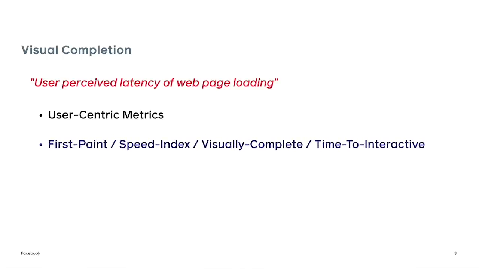With this solution, we can accurately track user-centric metrics such as first paint, speed index, visually complete, and time to interactive. So we are able to understand how users feel when they are consuming our web content. This will reflect the direct correlation between web performance and user engagement with real user monitoring.